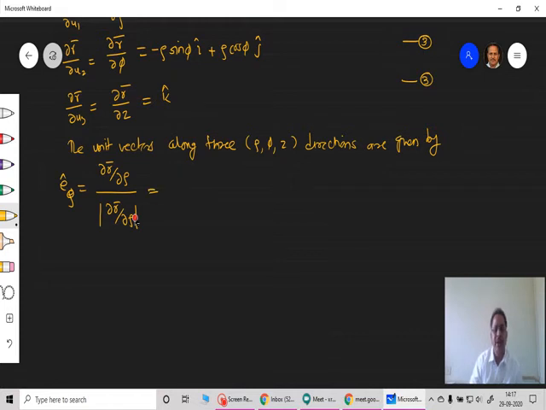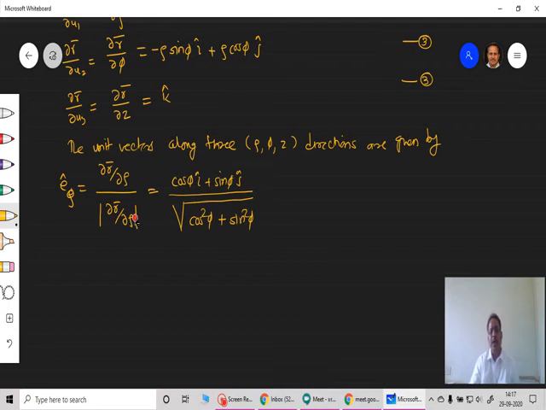So my vector is cos phi into i cap plus sin phi into j cap, divided by its magnitude, which is given by the square of the first component, cos square phi, plus the square of the second component, sin square phi. Only two components are there.